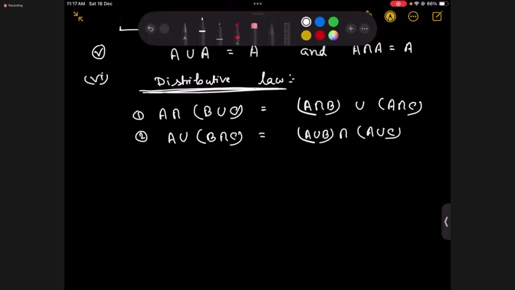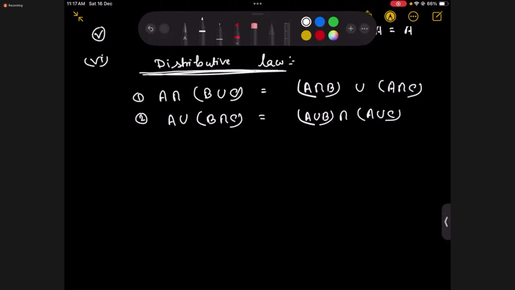Let us check this through a Venn diagram. It will be better to prove this using the Venn diagram, and then we can see a few examples to verify all these things.